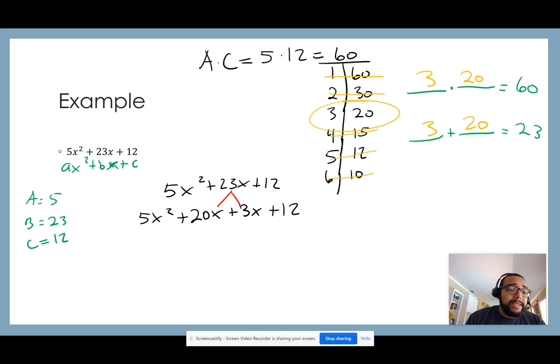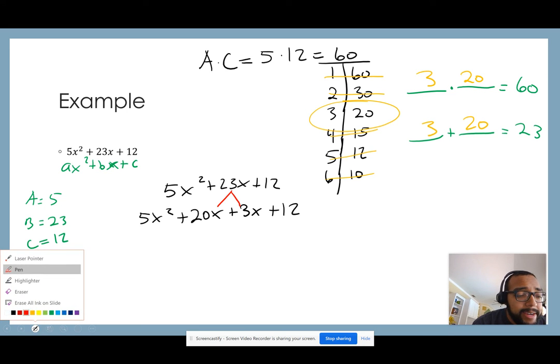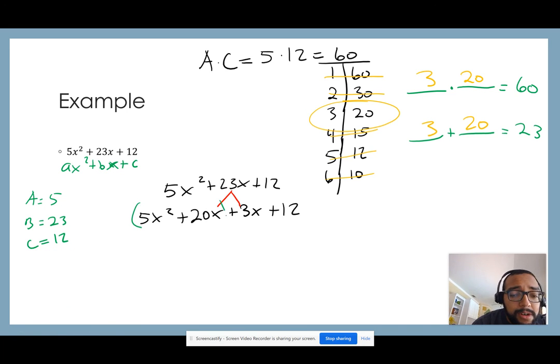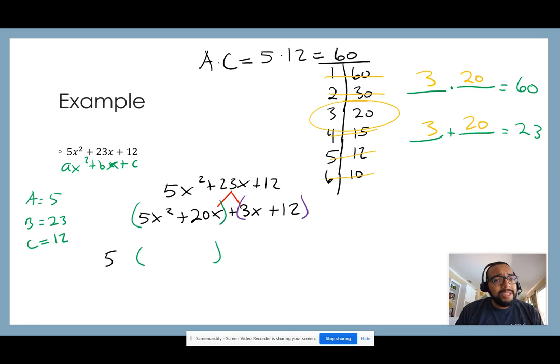So from there, this is nice. This isn't too crazy because I can worry about the first two terms, and then I'm going to worry about the last two terms. So with this here, again, a number that goes into both 5 and 20. We got 1 and 5. So 5 is the bigger of the numbers. And then can I also take out an x?